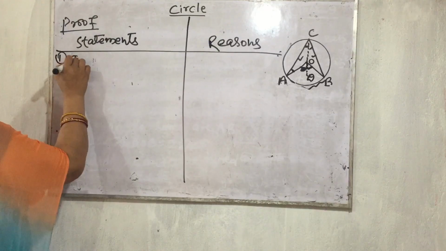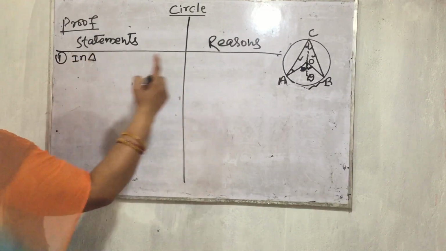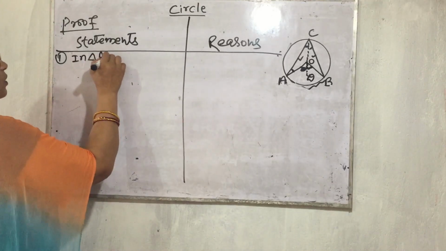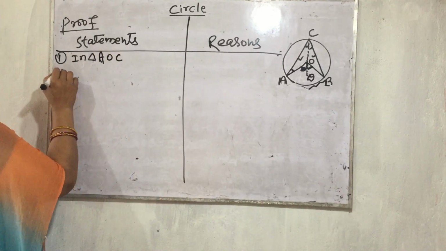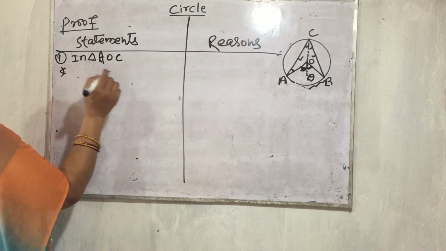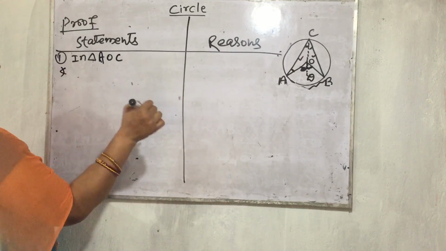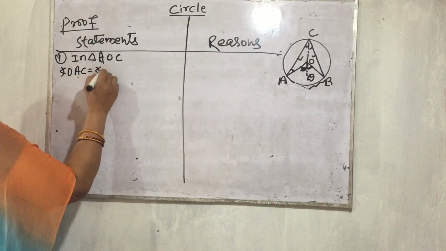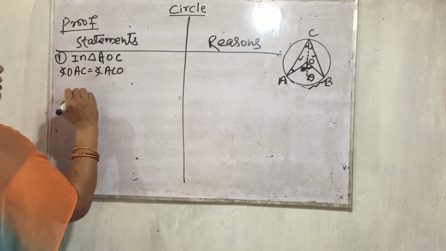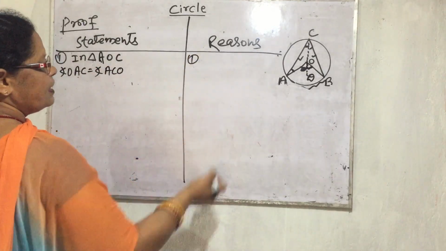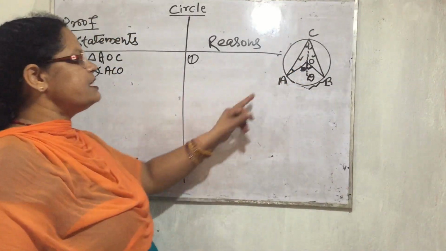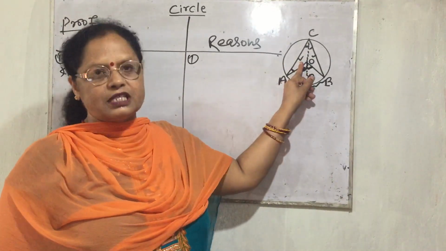First, number 1, in triangle AOC. First I am taking this triangle AOC. Can we write angle OAC equal to angle ACO? Reason: AO and CO are equal, so it became an isosceles triangle.